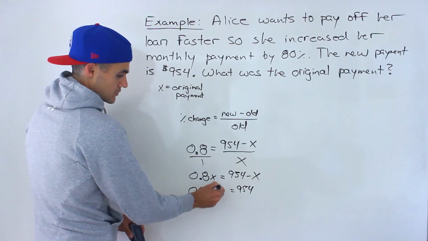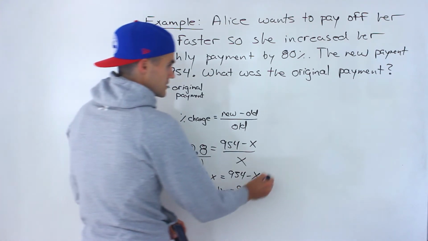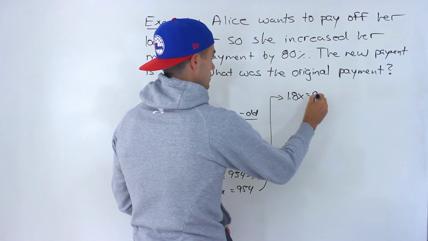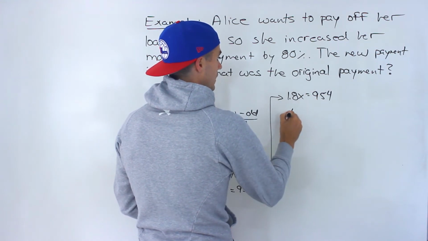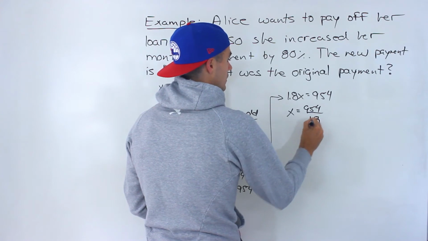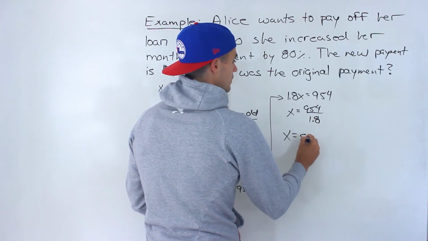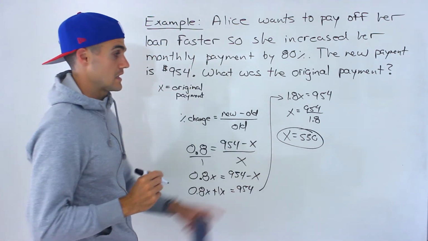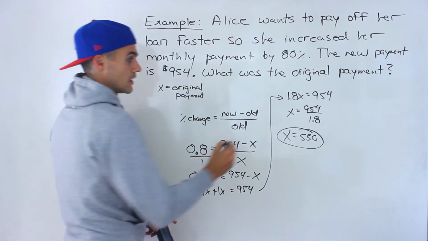And then notice these are like terms, there's like a 1 in front, so we would end up with 1.8x equals 954, x equals 954 over 1.8, so x would be 530. And so that would be the answer to the question, $530.